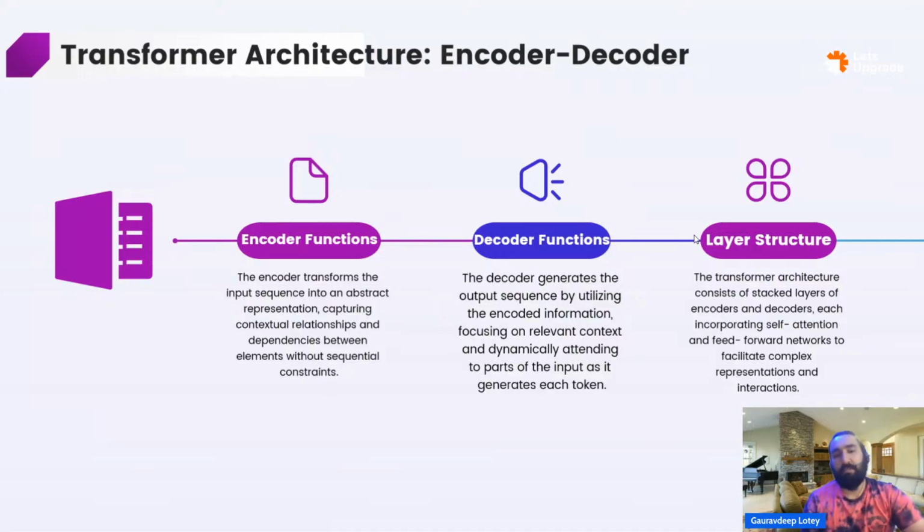An encoder function is something that takes the raw input. If I'm typing a string, say, "can you write a horror story on a night journey to a hill station in a bus", this is my literal input. What the encoder function will do is take this and extract the abstract from it. It will capture contextual relationships and dependencies of each word, or maybe each token to begin with.